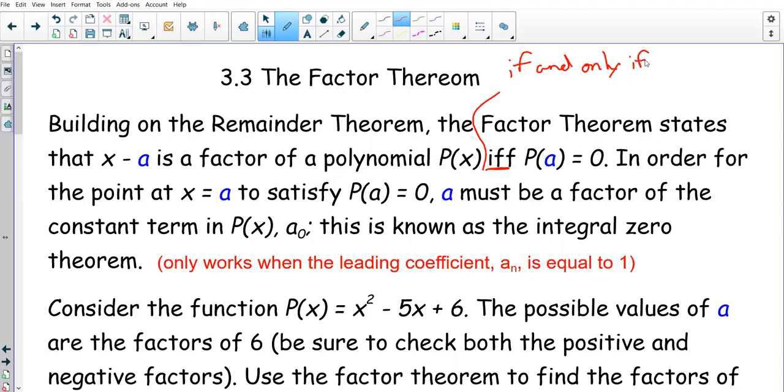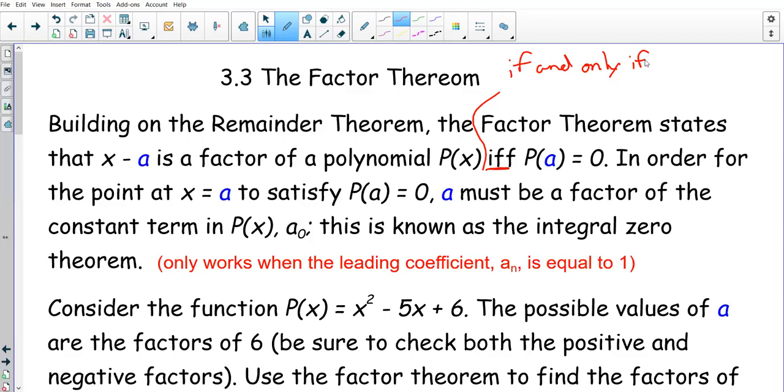And what that means is both directions of that statement have to be true. So if p of a is equal to 0, then x minus a is a factor of polynomial p of x. And if x minus a is a factor of polynomial p of x, then p of a has to be equal to 0.